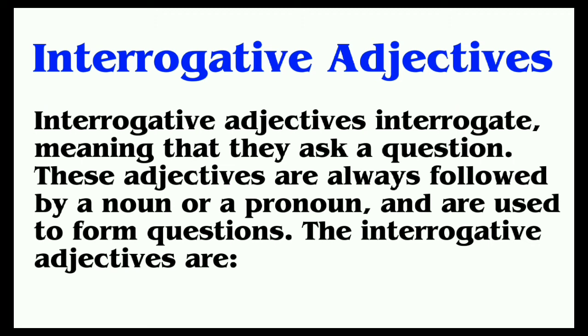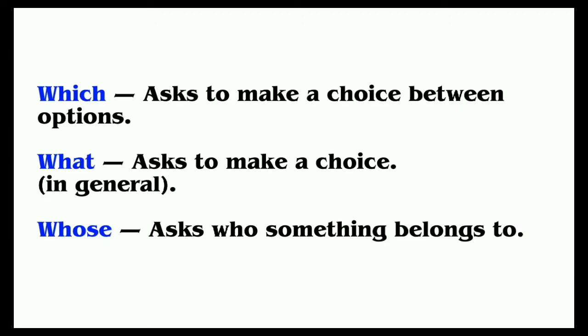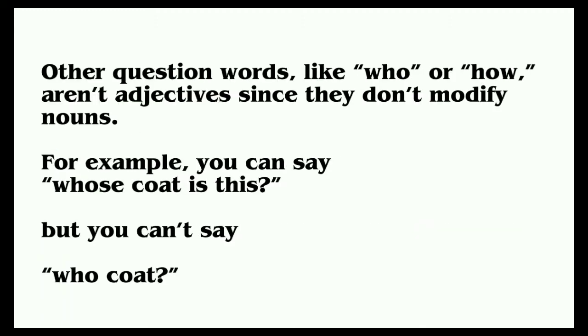The interrogative adjectives are: which, which asks to make a choice between options; what, which asks to make a choice in general; whose, which asks who something belongs to. Other question words like who or how are not adjectives since they don't modify nouns. For example, you can say "Whose coat is this?" But you can't say "Who coat."